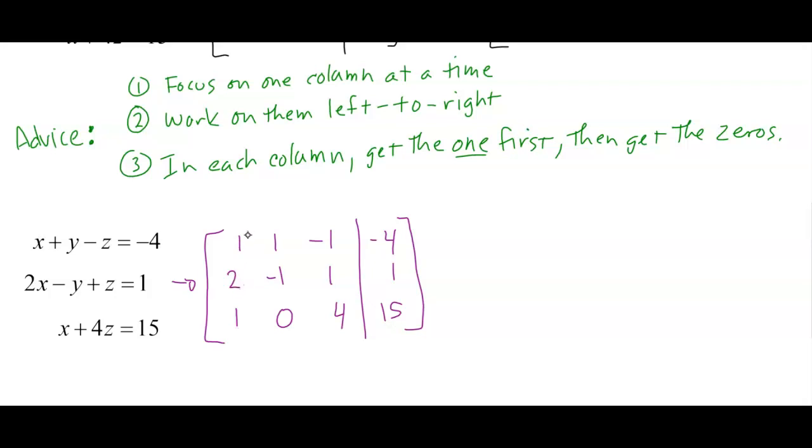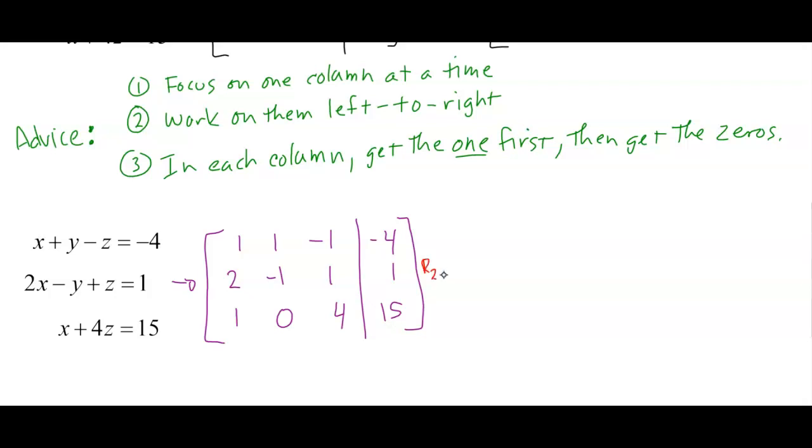So then, in that column, we try to get the 1 in the appropriate spot, up here at the top. Oh, hey, it's already a 1. Sometimes you're lucky. Then we want to get rid of the 2, and we want to get rid of the 1 below that. The way we do that is by using that third matrix rule I was talking about up at the top, the one that says you're allowed to add a multiple of one row to another.